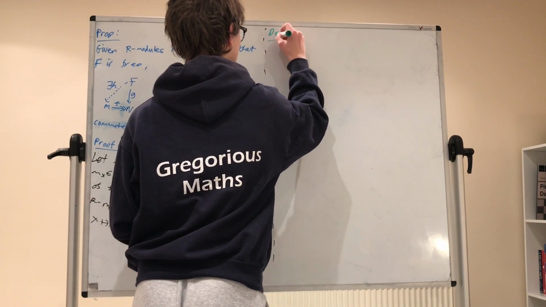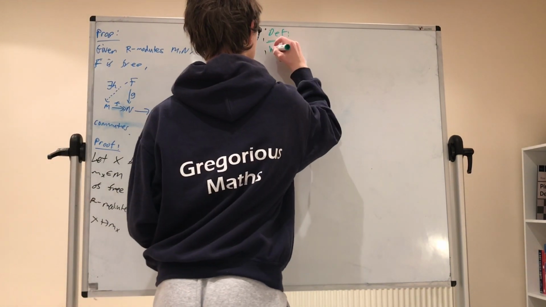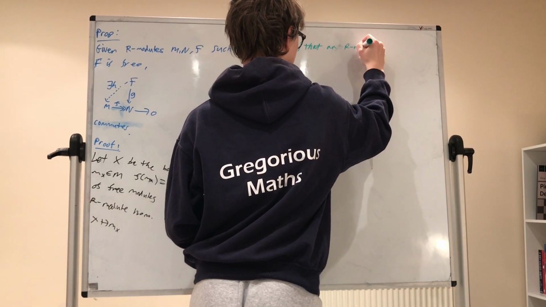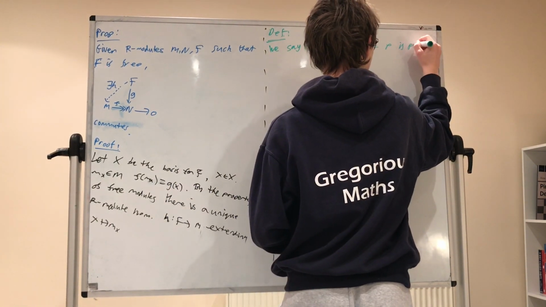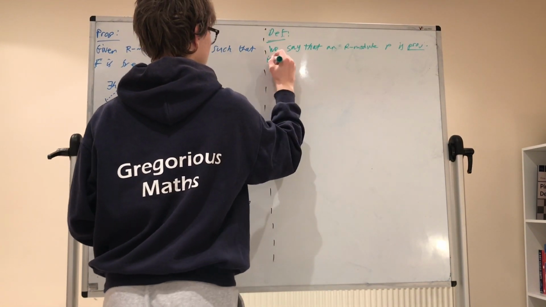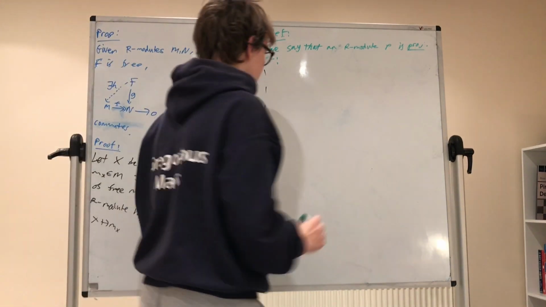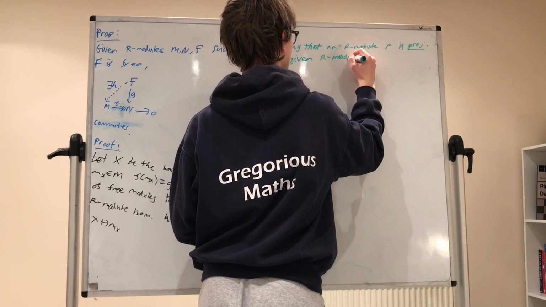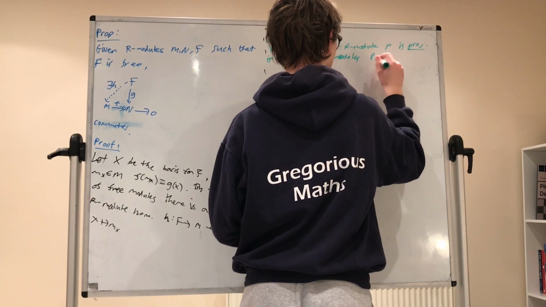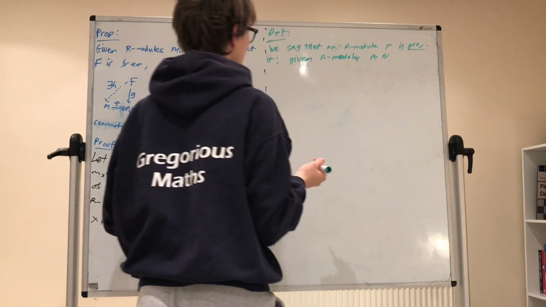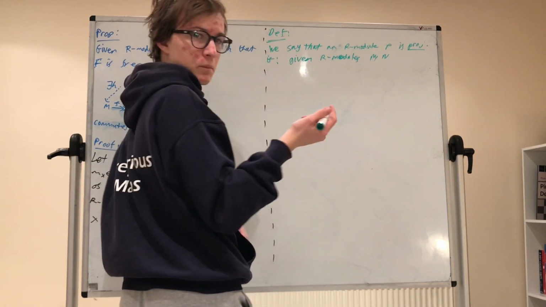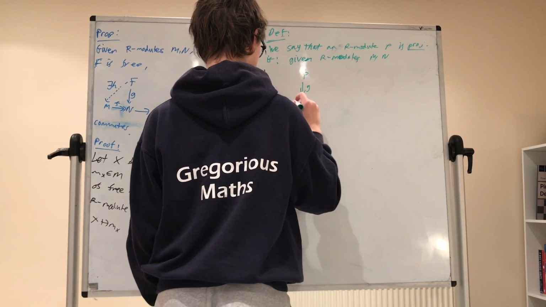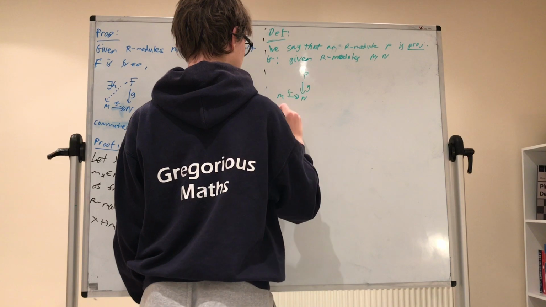We say that an R module P is projective if, given R modules M and N, the following diagram commutes, and it's the exact same diagram as before, so we're going to have a map going down to N, and then we're going to have F going surjectively here.